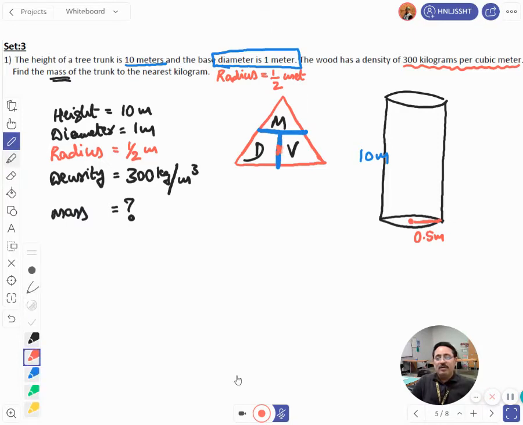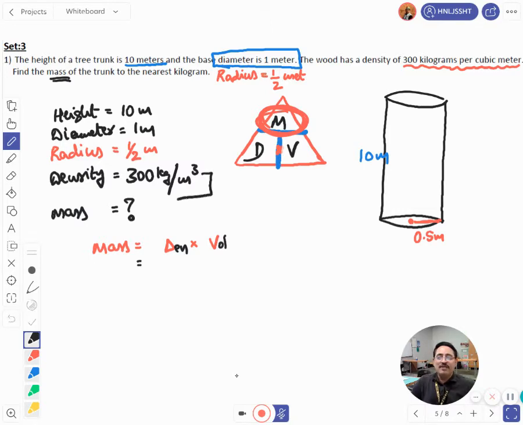Again, I'm repeating. How will you find mass? Mass equals dV. Therefore, mass equals d times v, which represents density multiplied by volume.